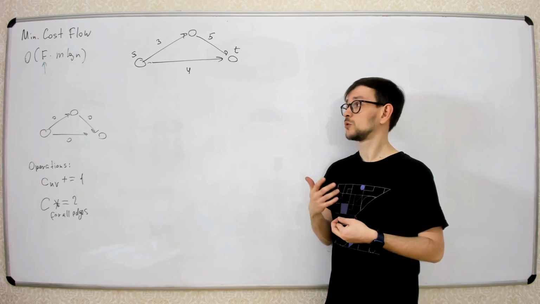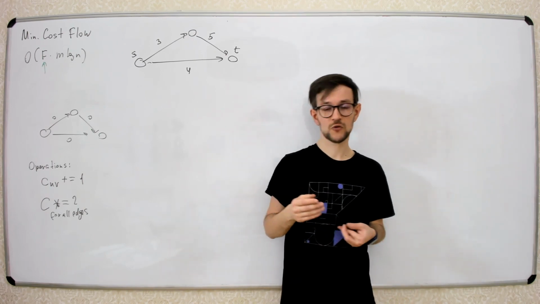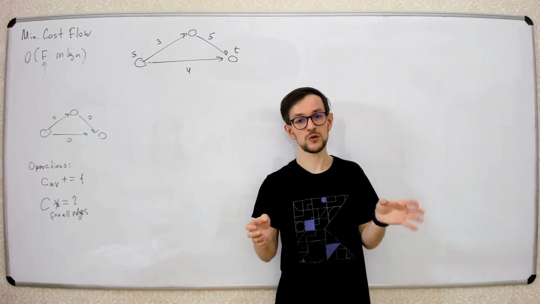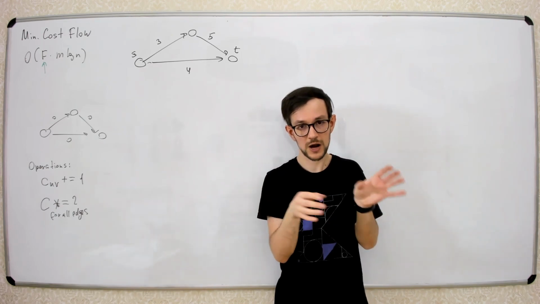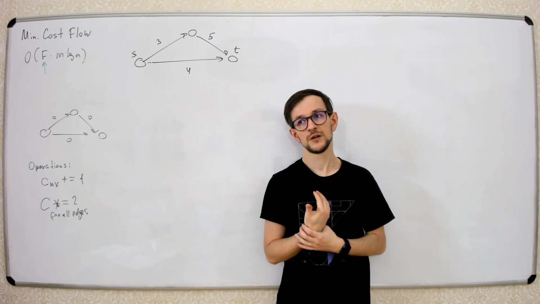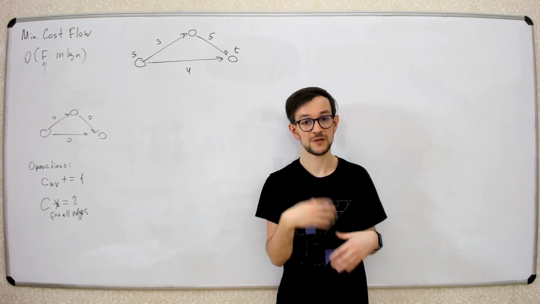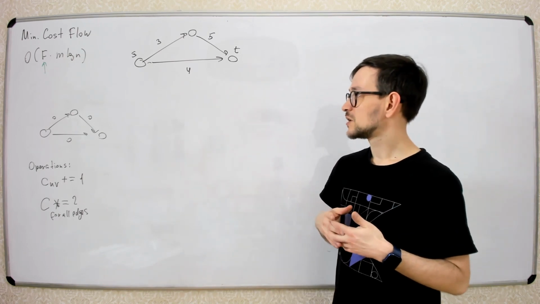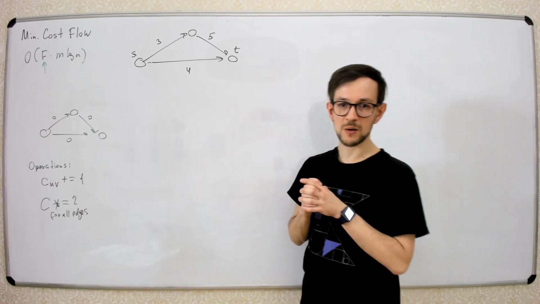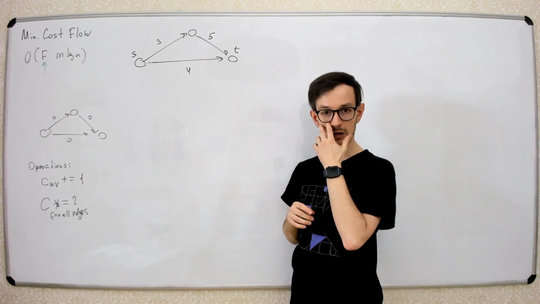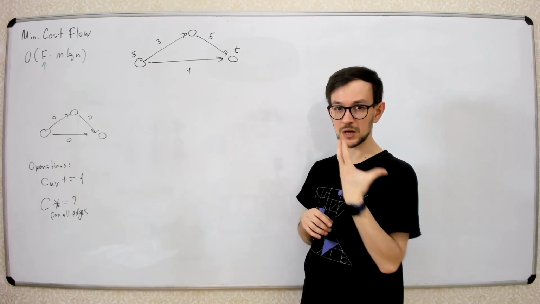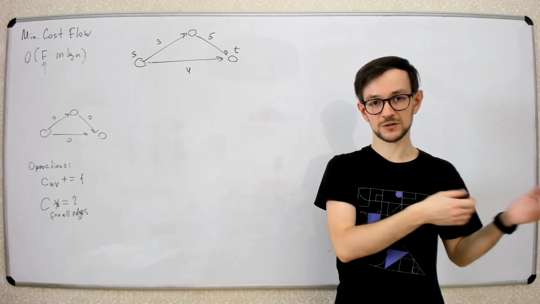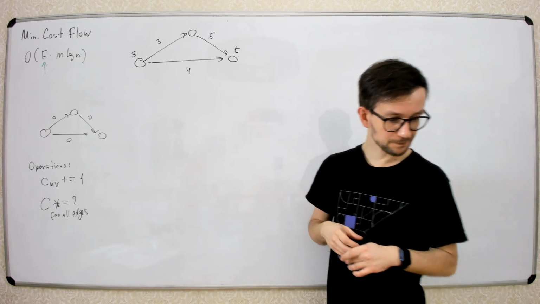It implies that your capacities are integers, usually, and if they're not, you have some fixed number of digits. So this log f is actually the number of digits in your numbers. If you have not integers and not real numbers, but something strange, how will it affect your algorithm? If you can get an algorithm without all these log f factors, it's just more interesting for other theoretical results in computer science.